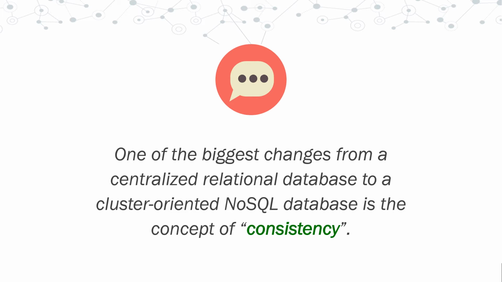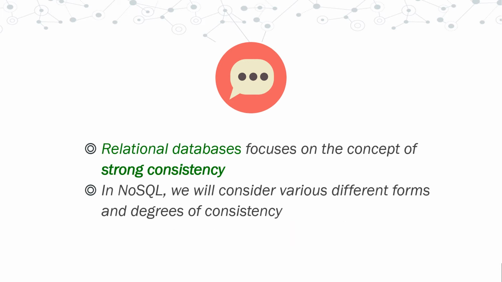And that big change really makes a lot of changes on the concept of consistency. We will have a look in more detail. The important change in terms of the concept related to consistency from relational database to NoSQL relates to the concept that we call strong consistency.